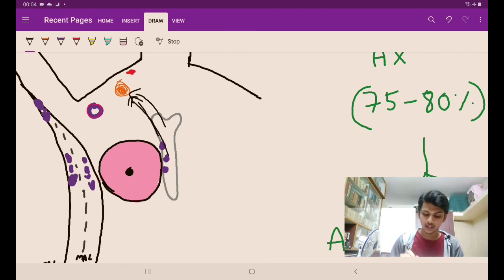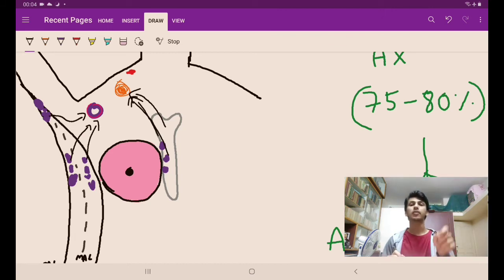Now from the anterior, posterior and middle, the lymph goes into the central group of lymph nodes. Now see here, it went to the central group, but the toxins weren't killed there, so that goes into the apical group. From apical it goes into the supraclavicular. Apical is very important because most of the drainage happens there.